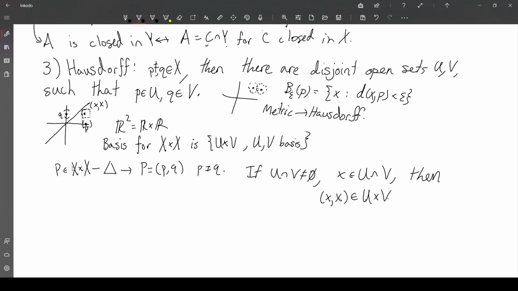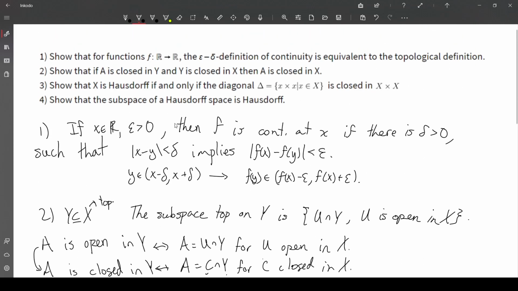So because of that, you can't have U and V intersecting. So that's why this condition is equivalent to being Hausdorff, which is kind of cool.